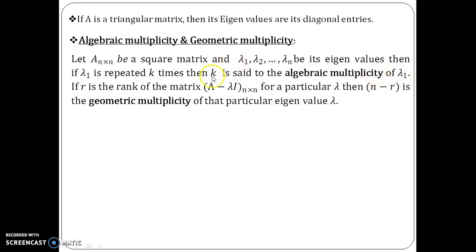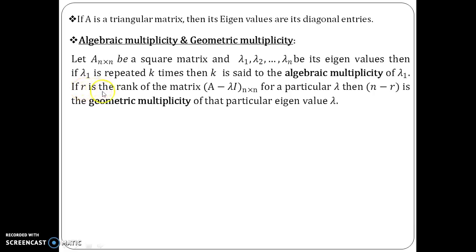So the algebraic multiplicity of a particular eigenvalue, say lambda 1, is nothing but the number of times it is repeated. Now let us go for the geometric multiplicity definition. This definition is slightly non-trivial, but it's important.